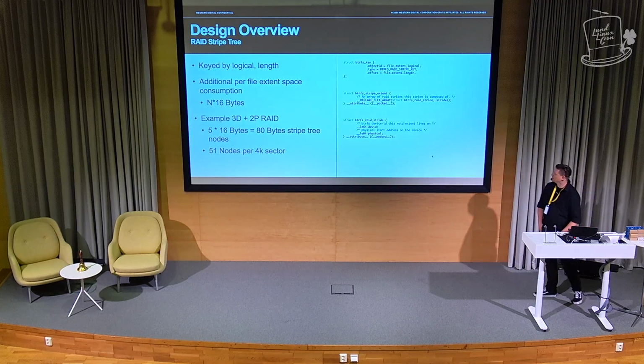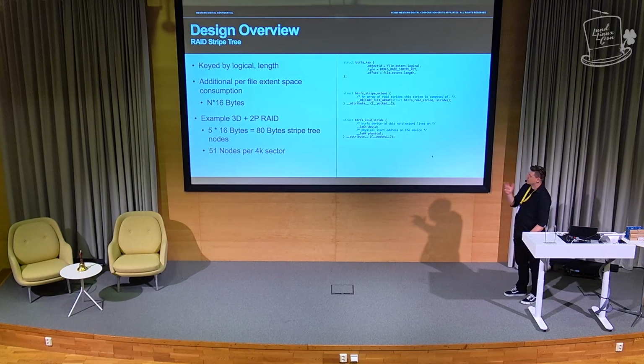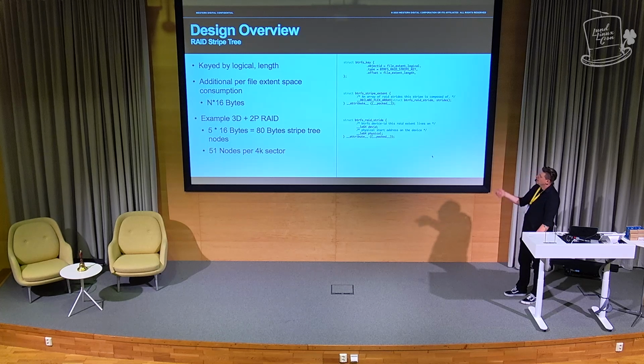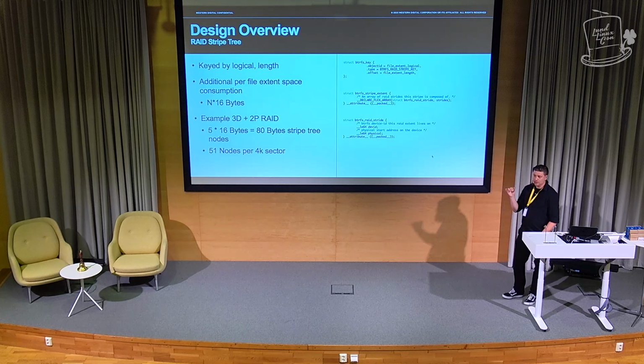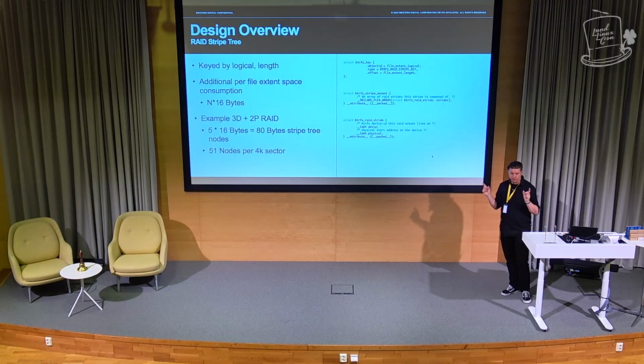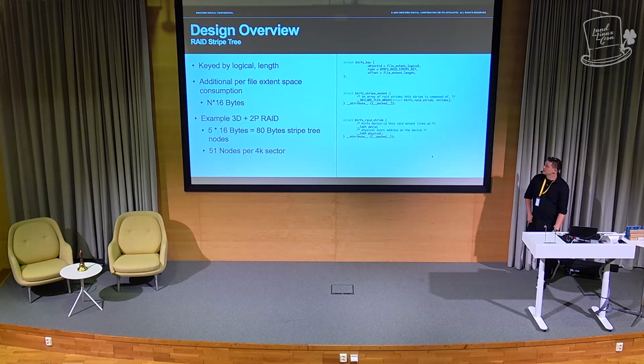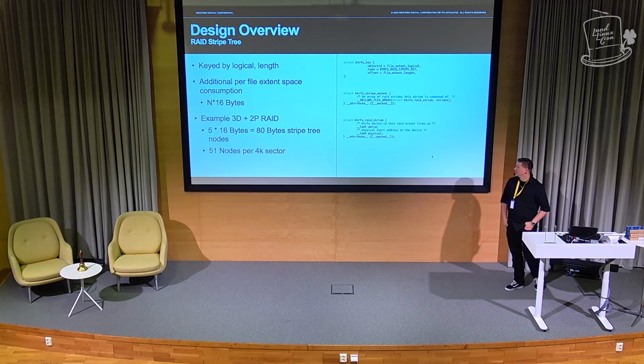So for the stripe tree, the metadata looks like this. It's keyed by the logical address, the address in the logical address space of the file system, and the length. And we add an extra 16 bytes per drive, which I think is not too bad.